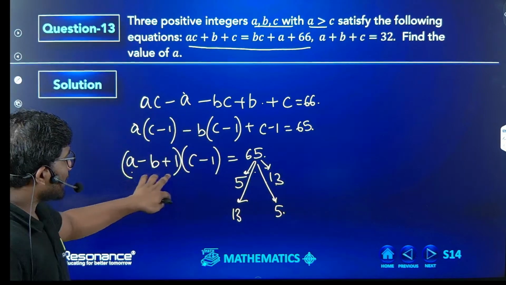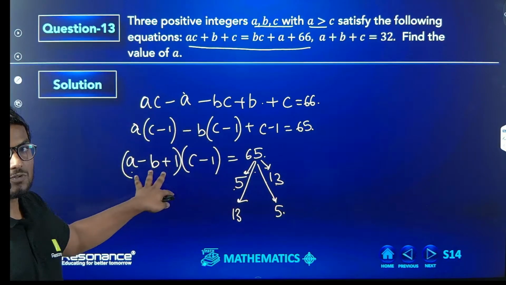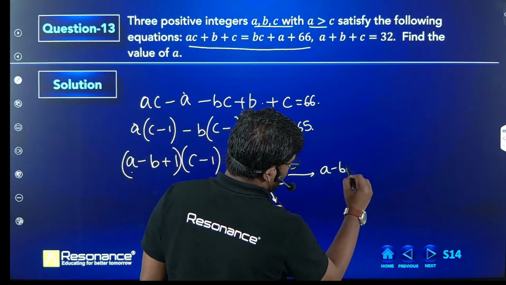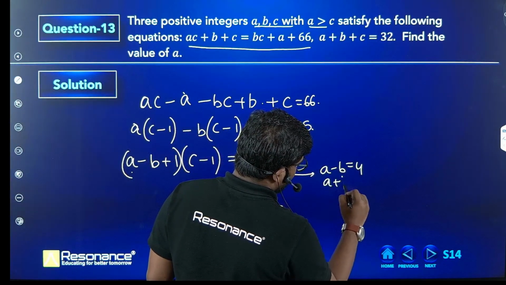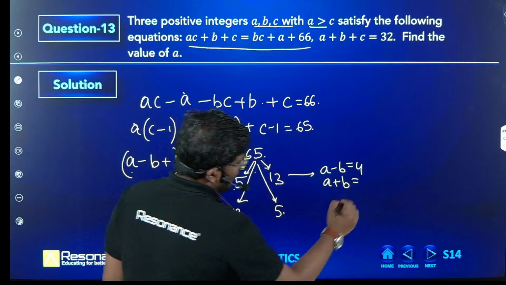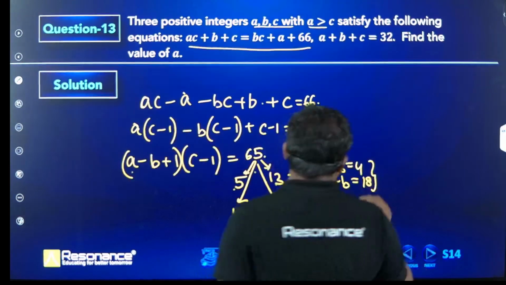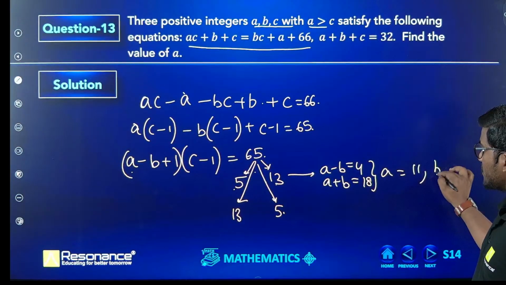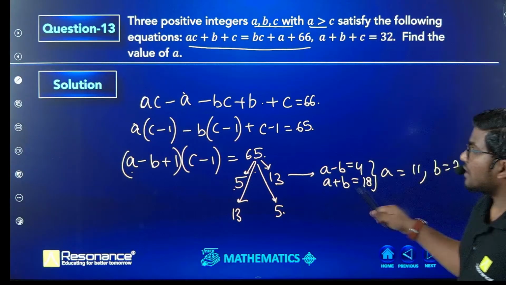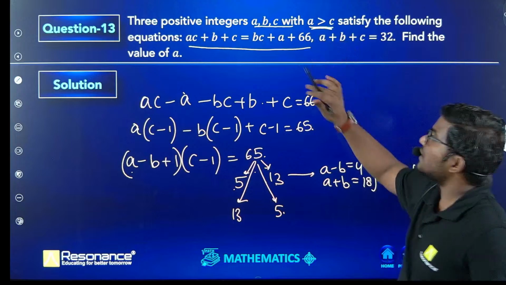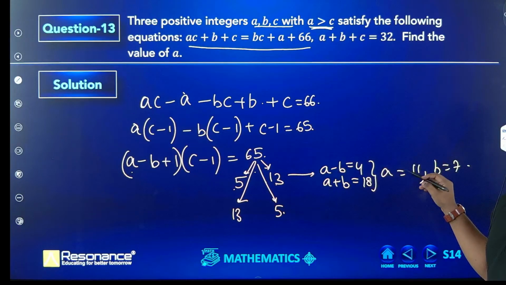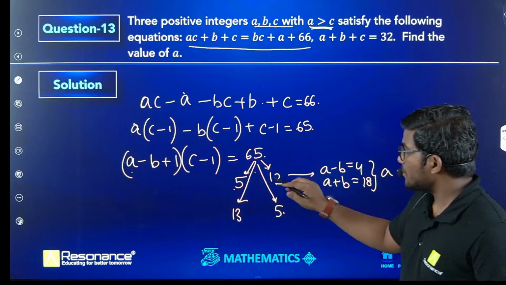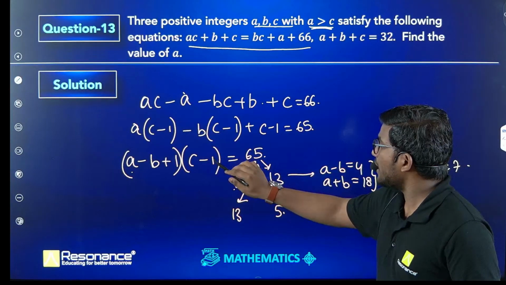A minus b plus 1 is 5, a minus b is 4. So this case states that a minus b is 4 and a plus b is 18. From where we'll get a is 11 and b is what? 7. But the given condition is that a should be greater than c. Now a is 11 in this case, but the value of c would be 14.